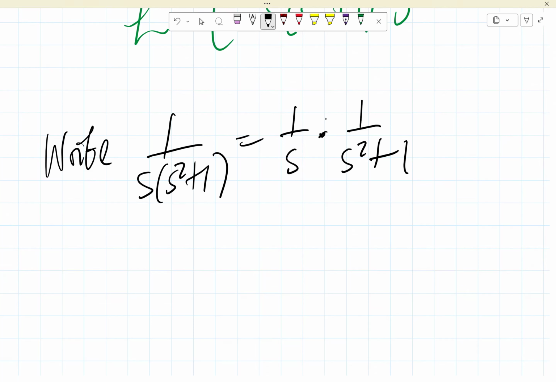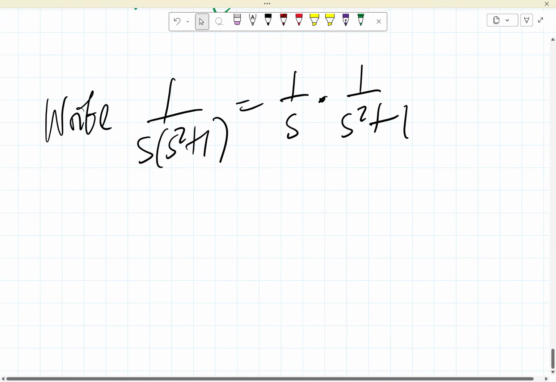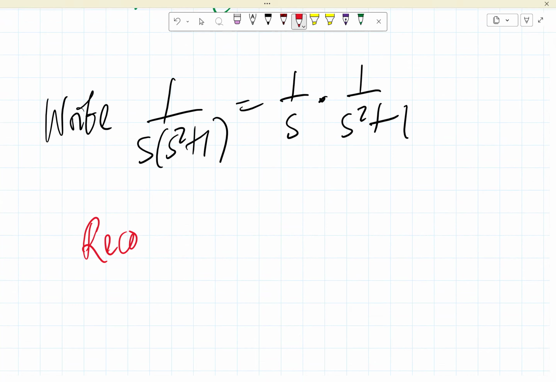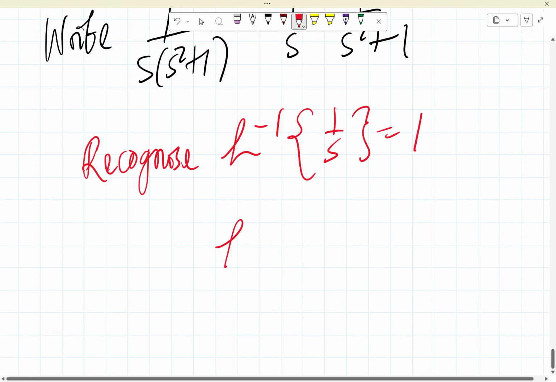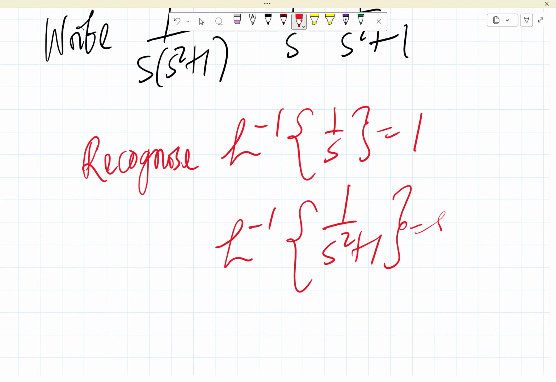So in that case, we recognize that the inverse Laplace of 1 over s is simply 1, while the inverse Laplace of 1 over s squared plus 1 is sine t.